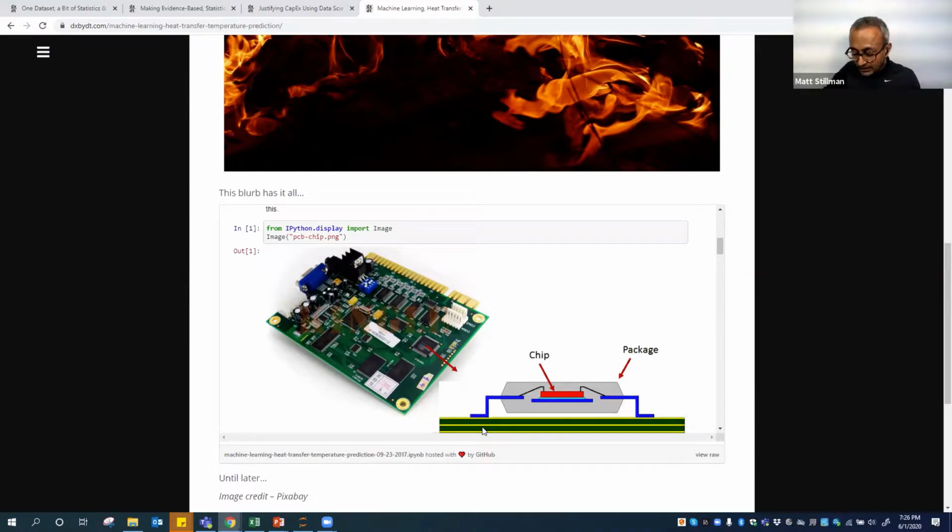So you run a lot of these simulations, and you collect a lot of data with a lot of factors built into this data set. You have this outcome variable, which is the junction to ambient thermal resistance.